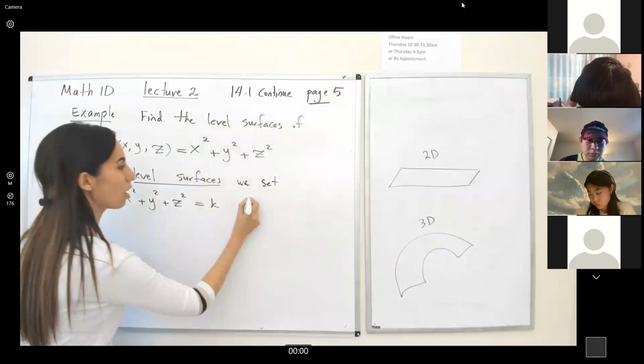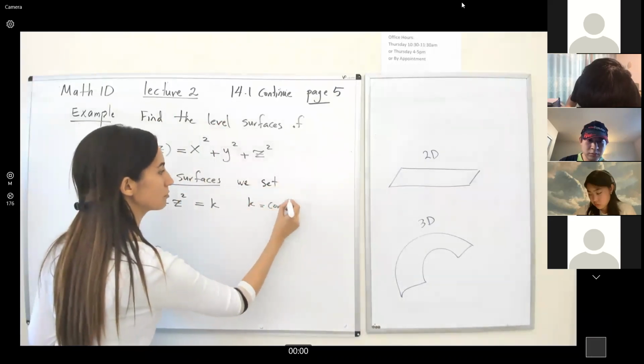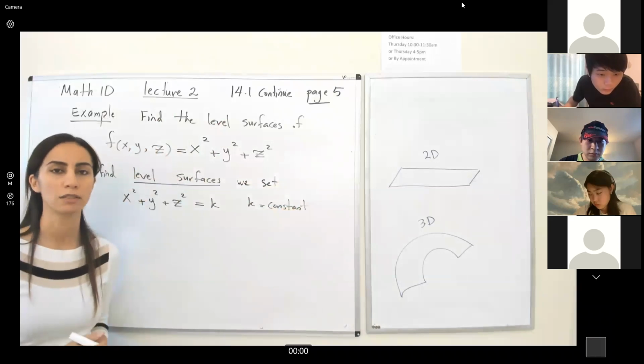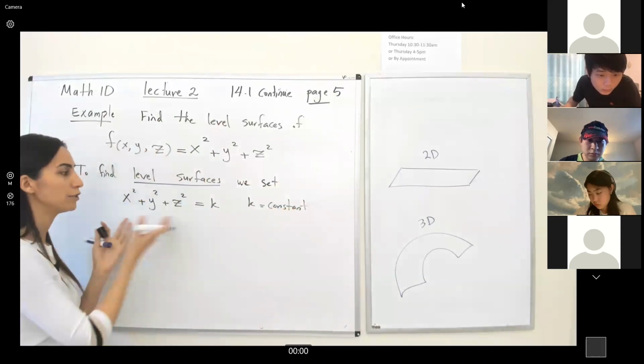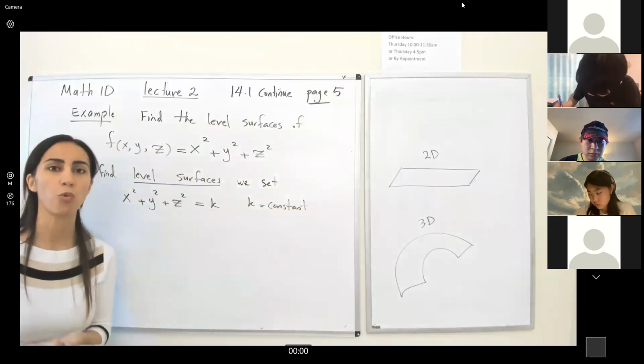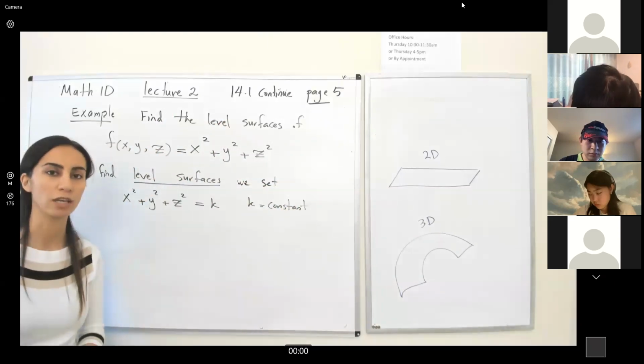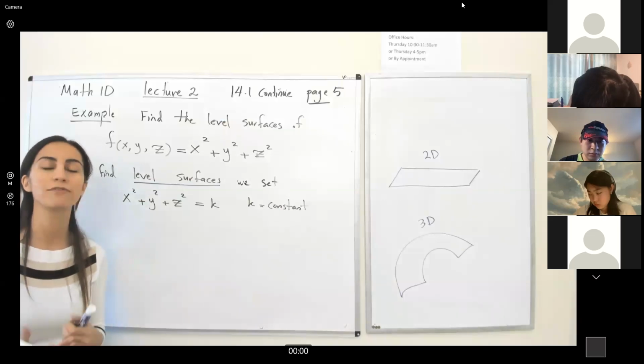K is a constant. Well, we can stop here. You can say that, hey, I know what this equation is. This is the equation of spheres.